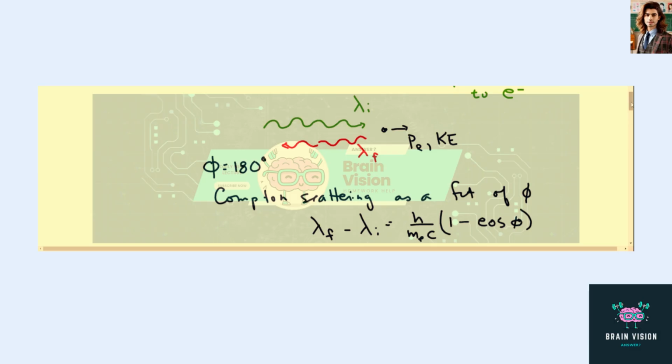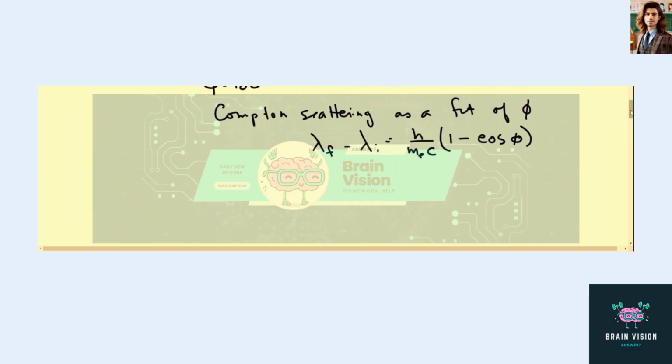Once we determine the final wavelength, the change in energy of the photon is hc over lambda initial minus the final energy, in absolute value. That has to equal the kinetic energy of the electron, which is Pe squared over twice the mass of the electron.